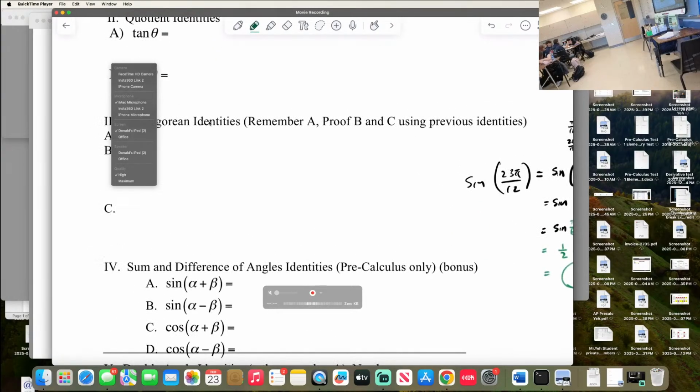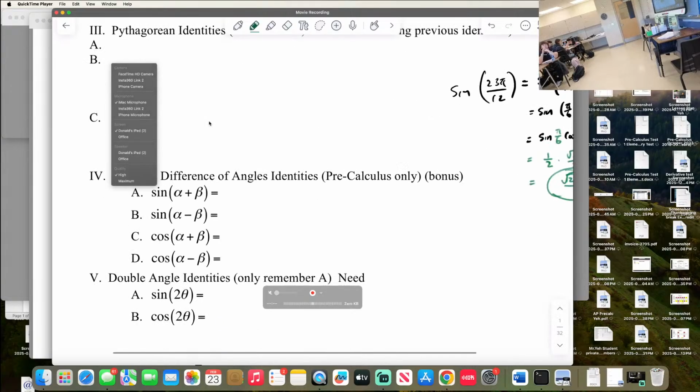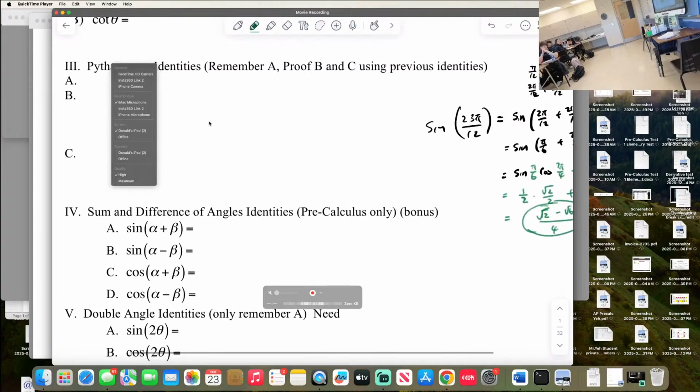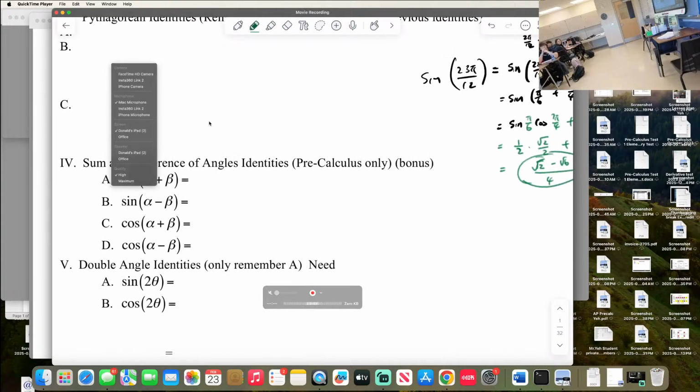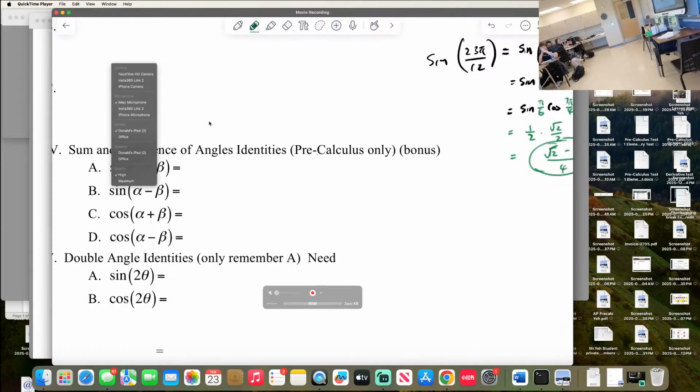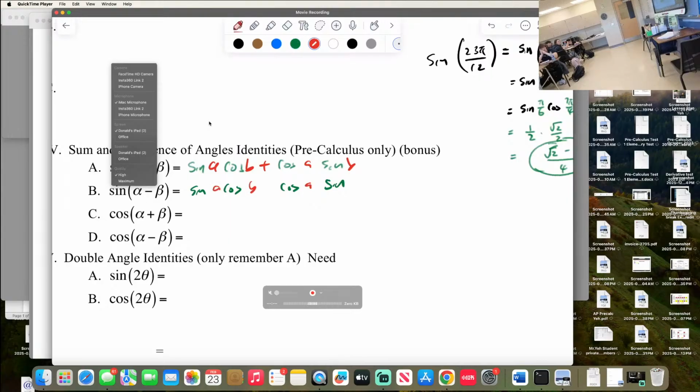All right, now I want you to pay attention. Eyes to the board, please. So you have the sum and difference. This one is going to give you sine, cosine, cosine, sine, and this is going to be A, B. Hopefully you already know that. And this is a plus. And you have another one, sine, cosine, cosine, sine, and you got A, B, negative.